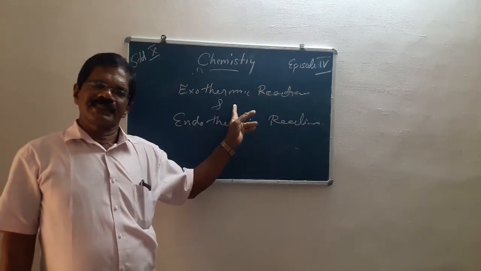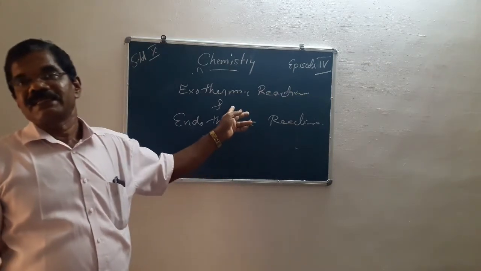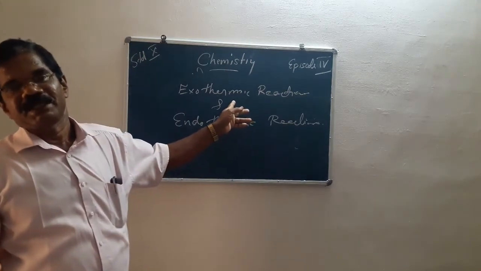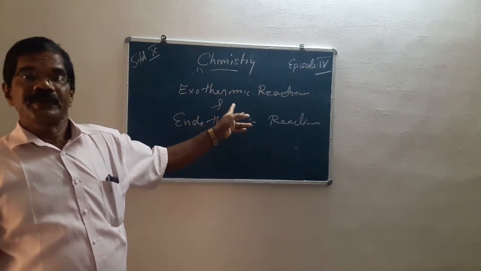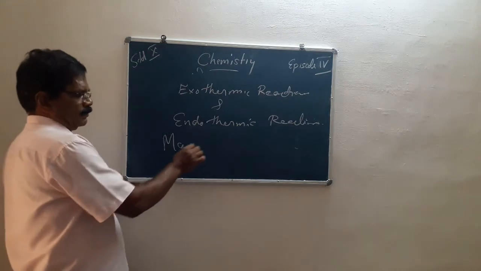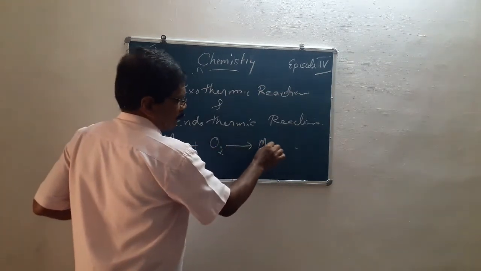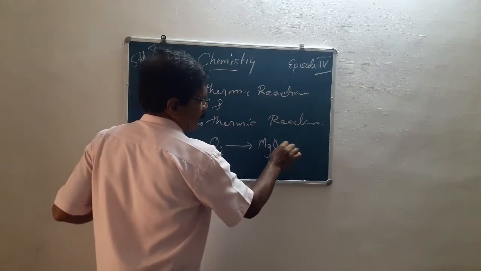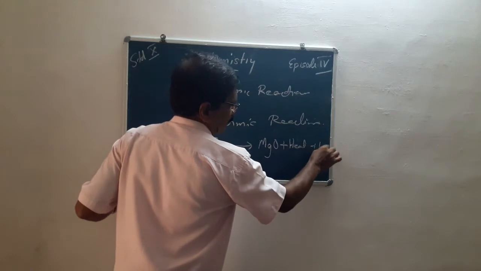Exothermic reactions are those reactions in which heat energy is liberated. For example, burning of magnesium ribbon. Magnesium ribbon burns in oxygen to form magnesium oxide plus heat plus light.